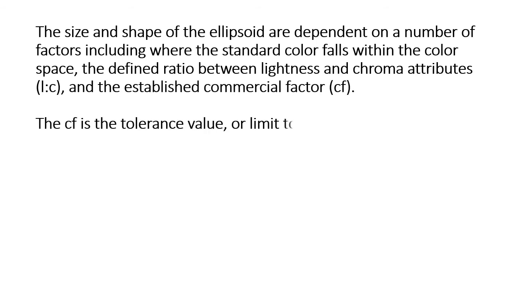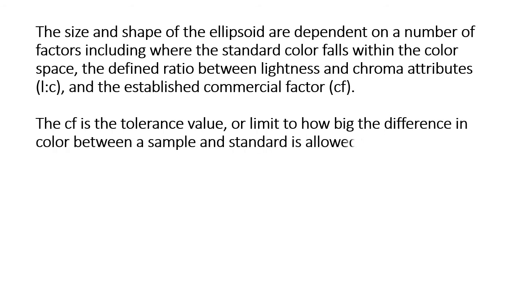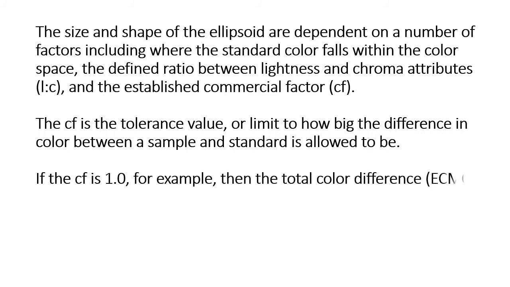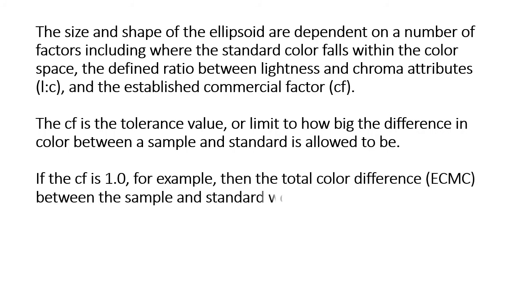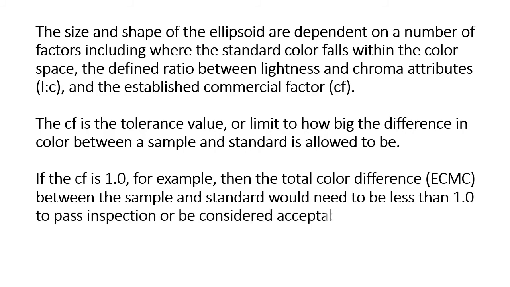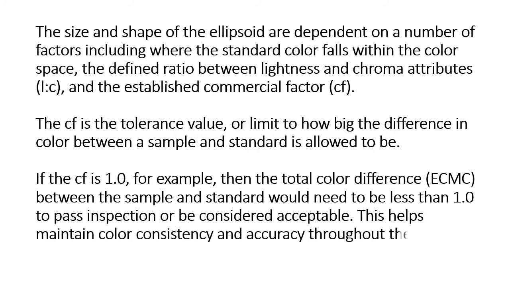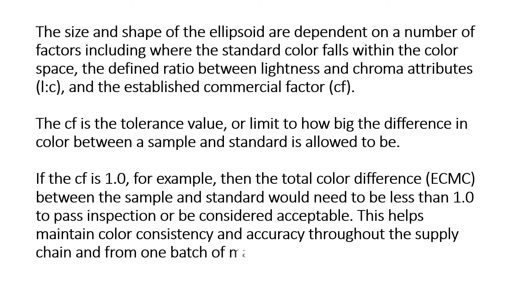The CF is the tolerance value, or limit to how big the difference in color between a sample and standard is allowed to be. If the CF is 1.0, for example, then the total color difference, delta E CMC, between the sample and standard would need to be less than 1.0 to pass inspection or be considered acceptable. This helps maintain color consistency and accuracy throughout the supply chain and from one batch of material to the next.